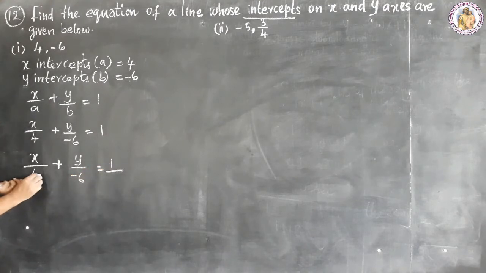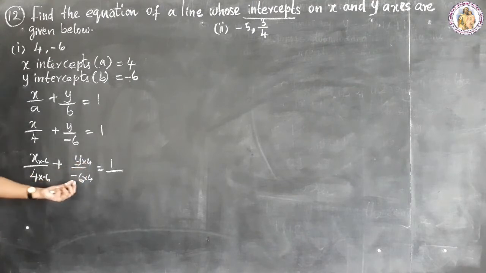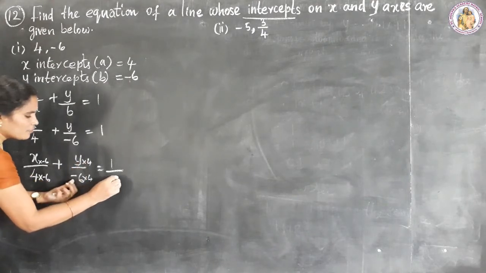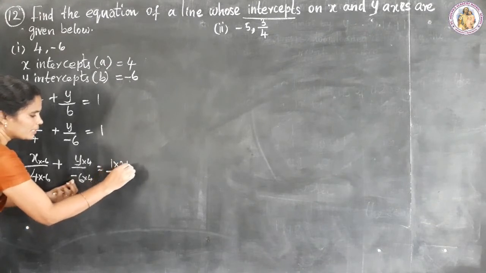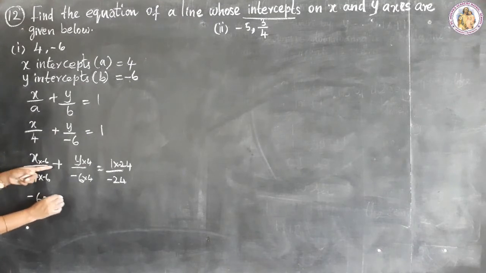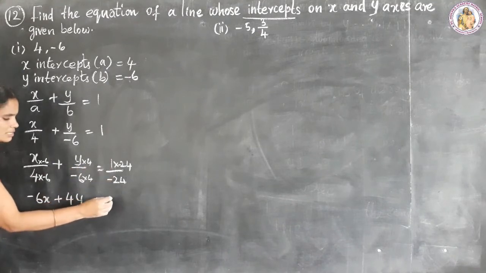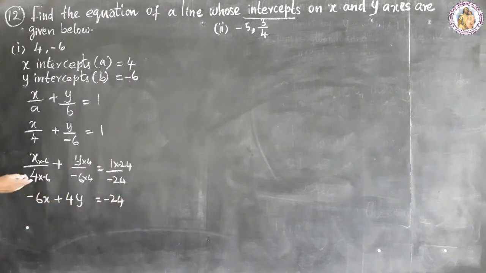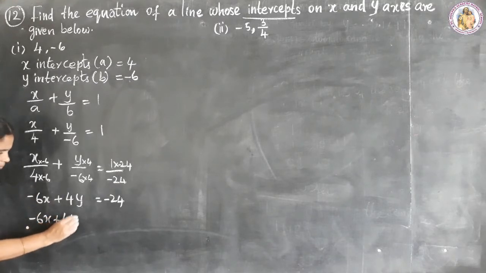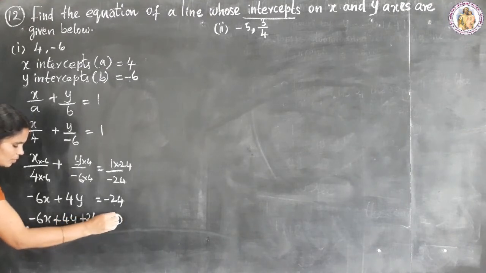Multiply with minus 6 to both the numerator and denominator, and the same here with 4. 6 into 4 is 24, so minus 24 for both. Now minus 6x plus 4y is equal to plus into minus, minus 24. Removing minus 24 in the denominator, here we have minus 6x plus 4y minus 24. When it comes here, it becomes plus 24 is equal to 0.